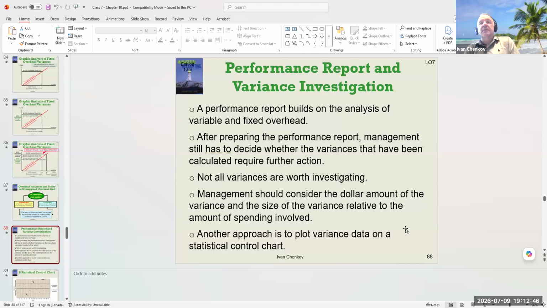Now, that was the fixed overhead. The only thing that I want you to understand is that the fixed overhead tells you how much of the capacity you're actually using compared to what you have available.